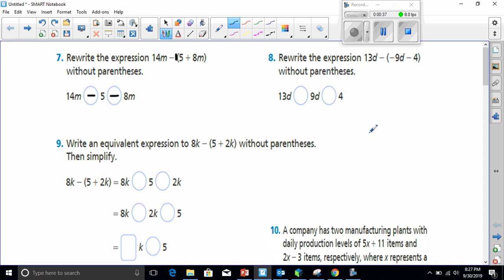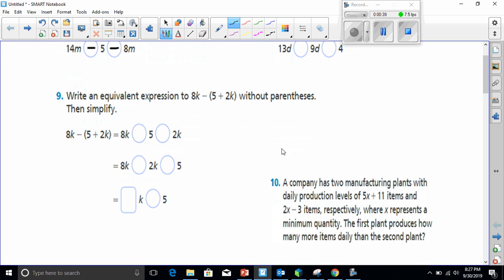All right, so let's go ahead and do number 9 now. Write an equivalent expression to 8k minus (5 plus 2k) without parentheses. Okay, once again, we have the negative sign in front of the parentheses, and we can apply this -1 to everything in the parentheses. Well, -1 times 5 is -5. -1 times 2k is -2k.